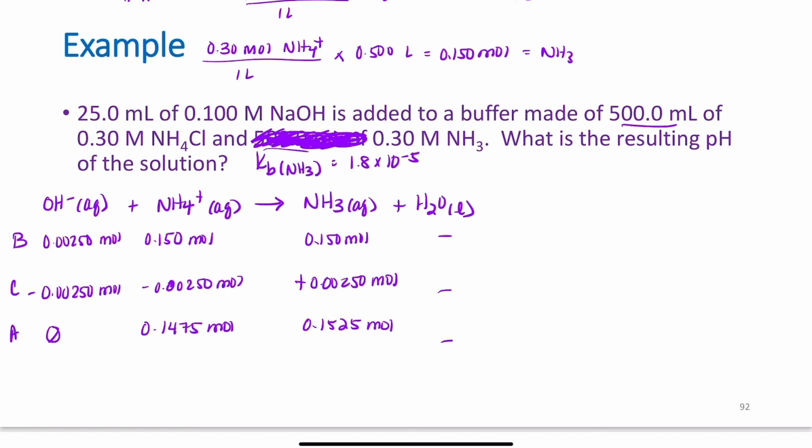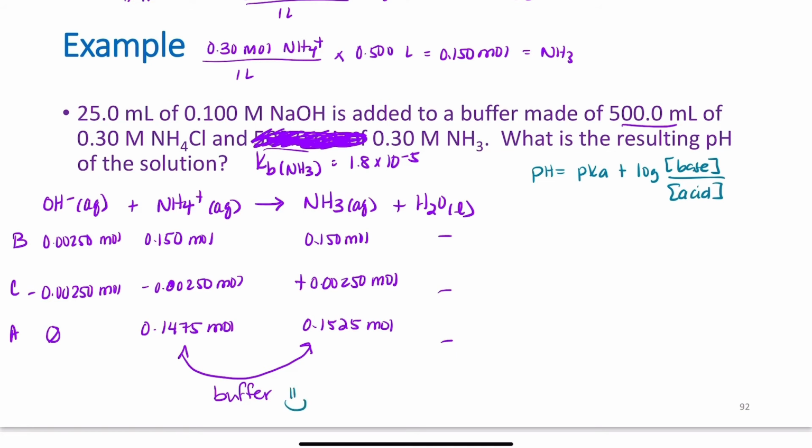So I gave you the Kb. This does have a buffer, which is nice. I can use Henderson-Hasselbalch, but be careful here. The equation still remains pH equals pKa plus the log of the concentration of base over acid. You need to plug it in exactly as it's written.